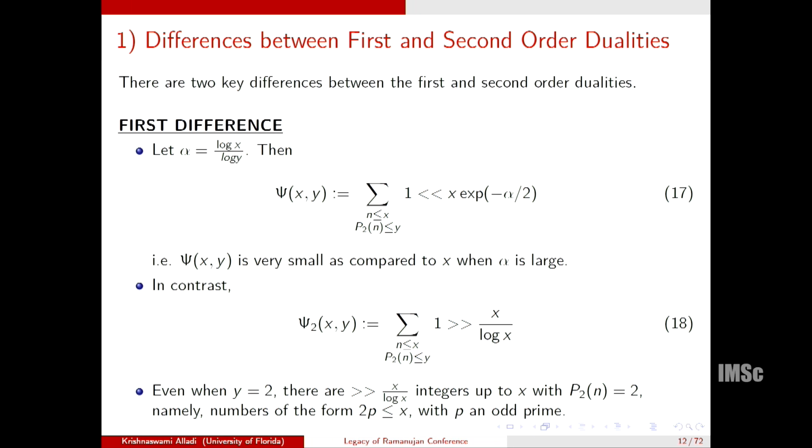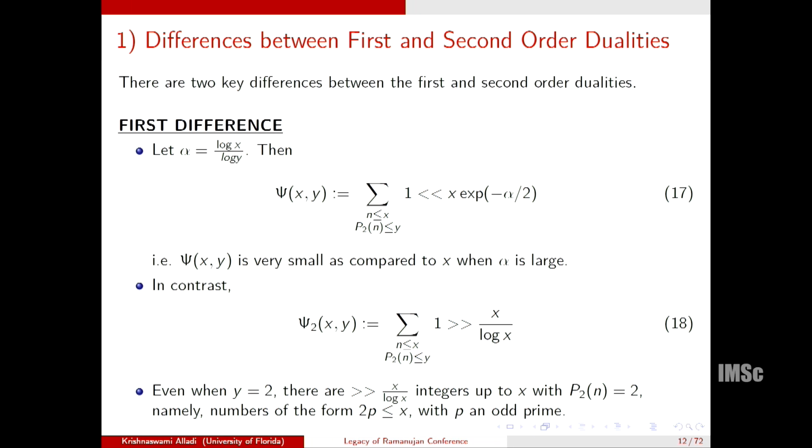So let's denote by alpha the ratio of logarithms of x and y, which means y is x to the power 1 over alpha. So as alpha increases, so square root of x, cube root of x, fourth root of x, and so on, the psi(x,y) becomes much smaller in comparison with x, and it's x times, this is an actual bound, e to the minus alpha over 2, but it's even much smaller than this.